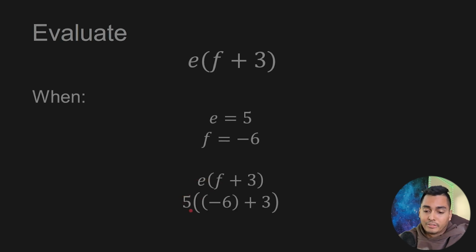Notice how I have these large parentheses encapsulating this f plus 3 term, where I replace f with a minus 6. So that's 5 times minus 6 plus 3, and so that's going to be 5 times minus 3, because minus 6 plus 3 is minus 3, and that's going to be 15. So that's our answer for this case.